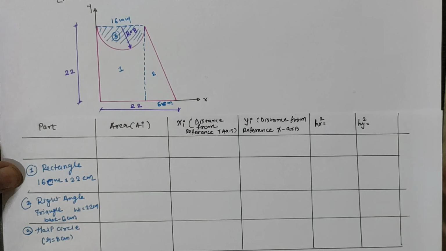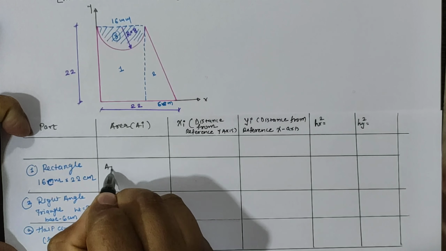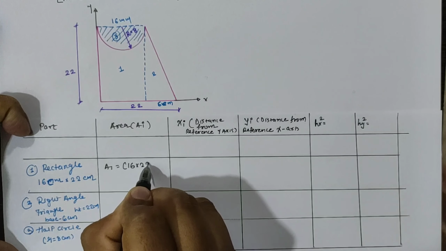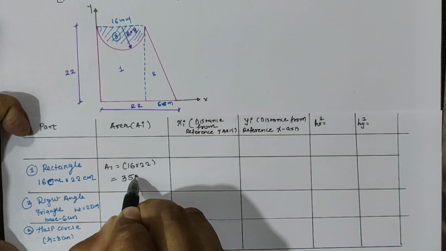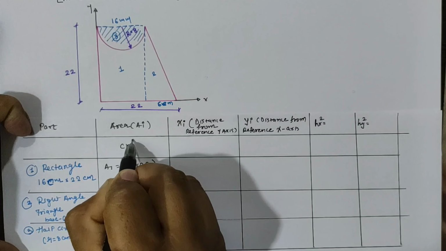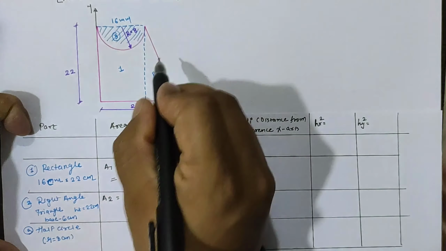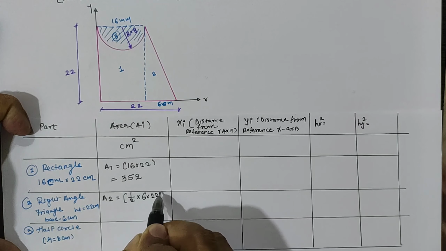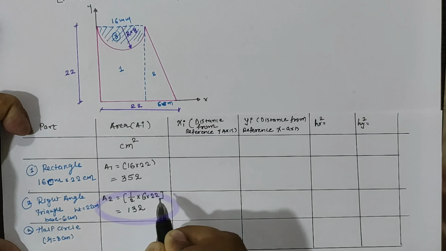Now first we are going to calculate the cross-sectional area of the rectangular part. So A1, or the part 1 area, is 16 cross 22, which is equal to 352 centimeter square. Similarly, for the second area of the right angle triangle, the area is 1/2 times base 6 centimeter times altitude 22, which is equal to 132 centimeter square.